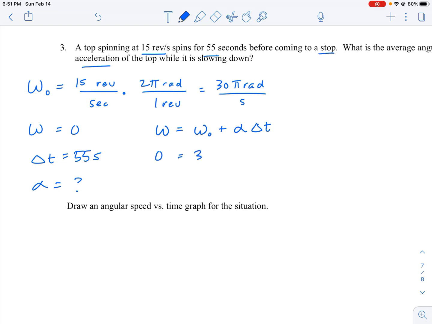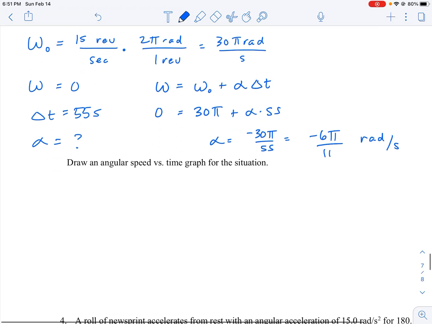So 0 equals 30 pi plus alpha times 55. So alpha would equal negative 30 pi over 55. You could reduce that, negative 6 pi over 11, or you could change it to a decimal if you wish. I actually like to leave it in terms of pi because it's just one less step for me.